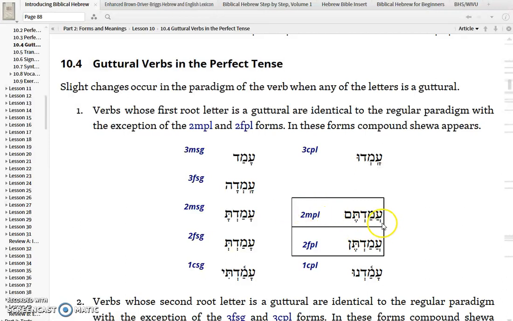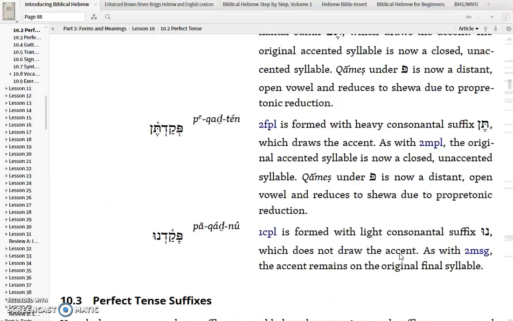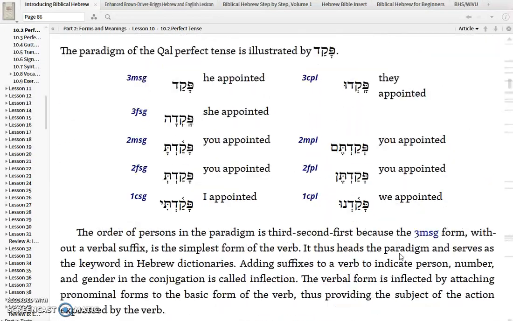But when you get to the second masculine plural, there's a change. In the paradigm form, if you go back to pakad, in the second masculine plural and second feminine plural, the vowel that starts off being a kamatz ends up reducing to shva, probably because it becomes propretonic.